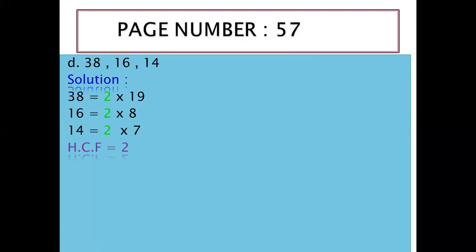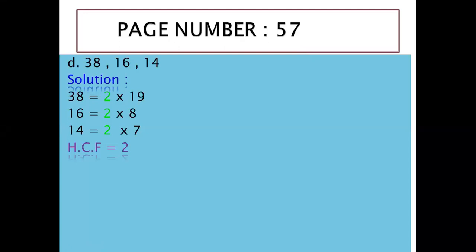You see that all these numbers are divisible by 2. The factors of 38 are 2 multiplied by 19, 16, 2 multiplied by 8 and 14 is 2 multiplied by 7. The common number in all these 3 numbers is 2 and HCF of these 3 numbers is 2.